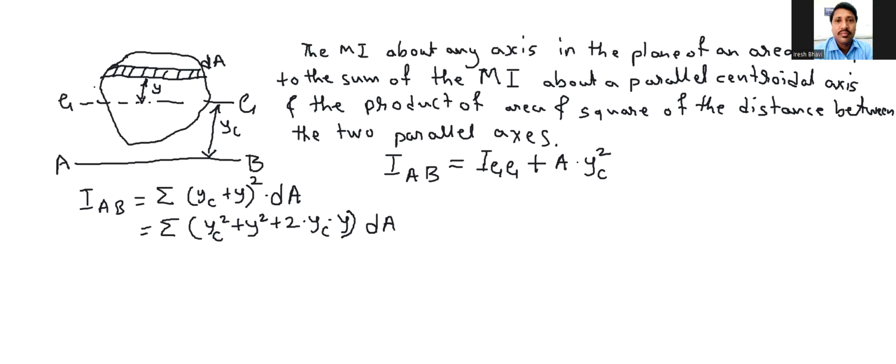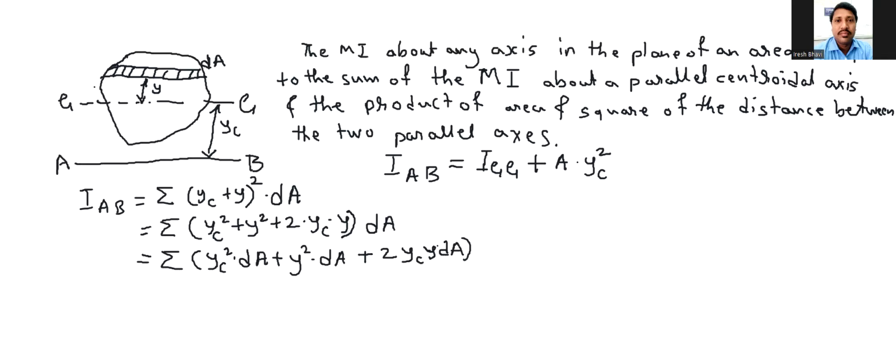Then multiplying this dA into the bracket, we get IAB is equal to the summation of YC square into dA, plus y square into dA, plus 2 into YC into y into dA.